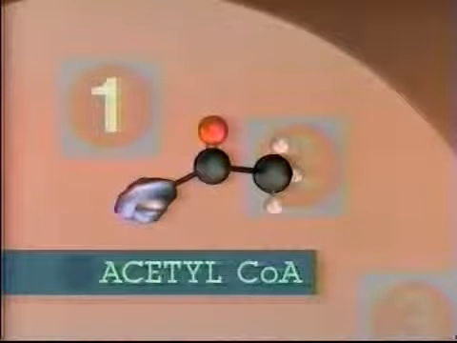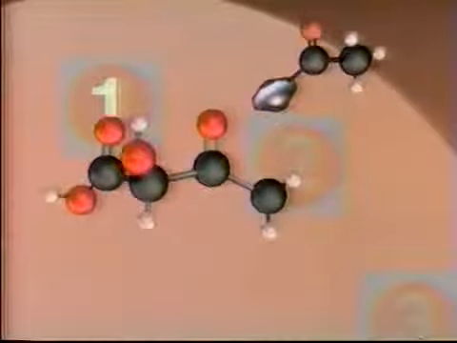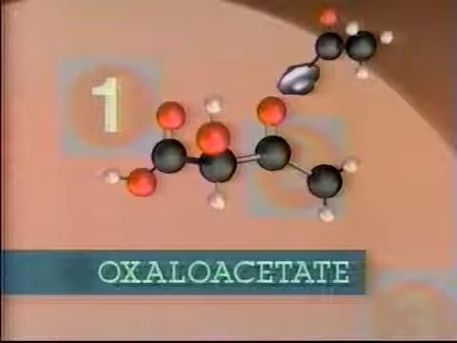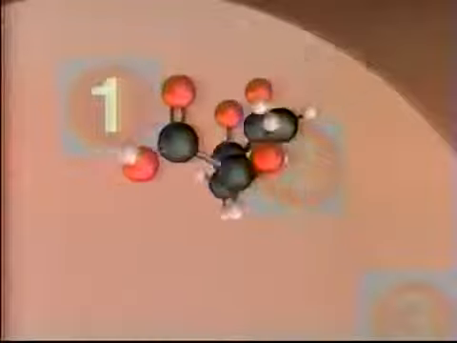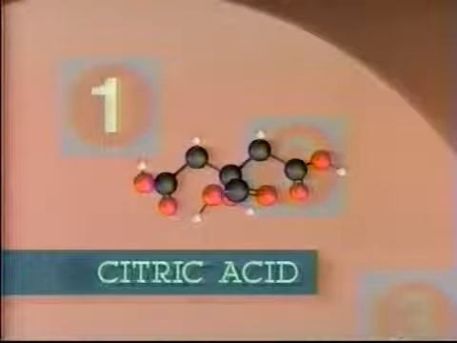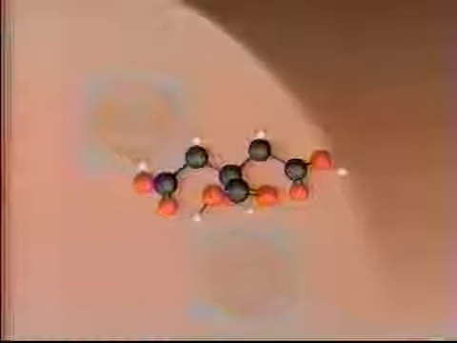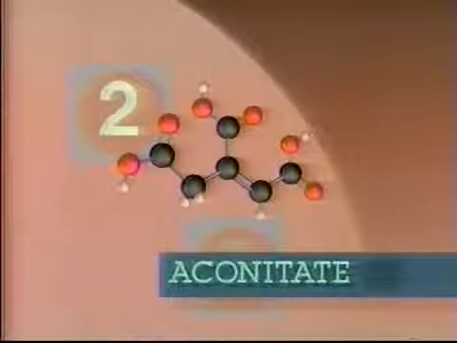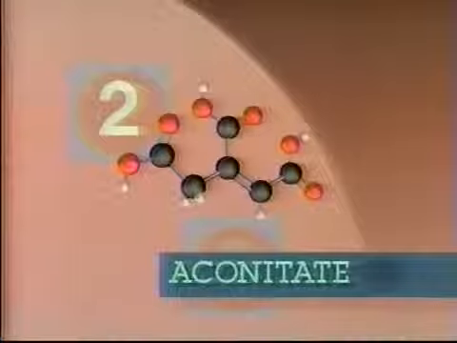Acetyl-CoA hooks up with the 4-carbon oxaloacetate, producing the 6-carbon citric acid. Citric acid loses water to form aconitate.